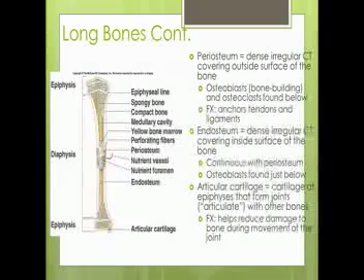So, these two, both made of dense, irregular connective tissue, are connected. One happens to be on the outer surface, one happens to be on the inner. And then at the ends, the epiphyseal regions, you have that articular cartilage, which is there to articulate with other bones and reduce bone friction during joint movement.